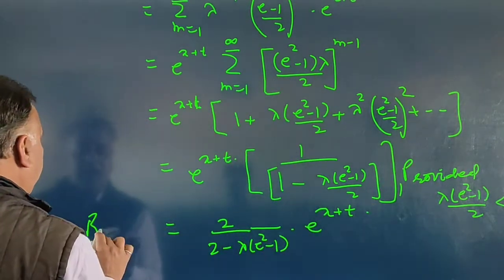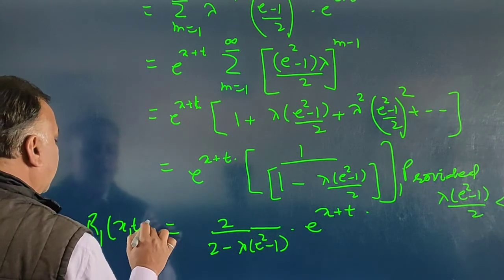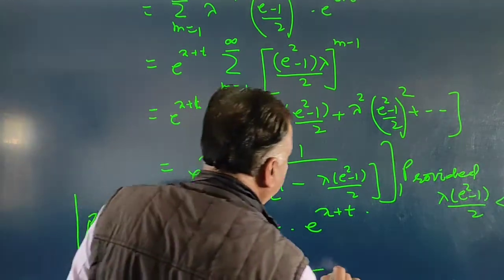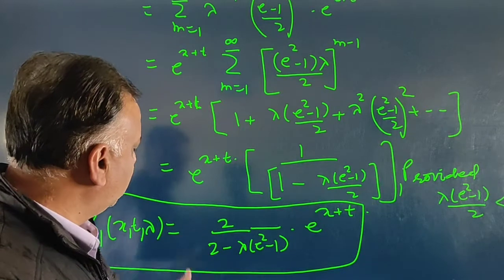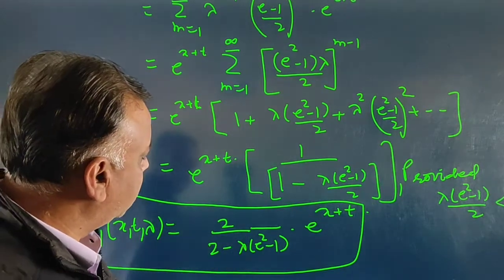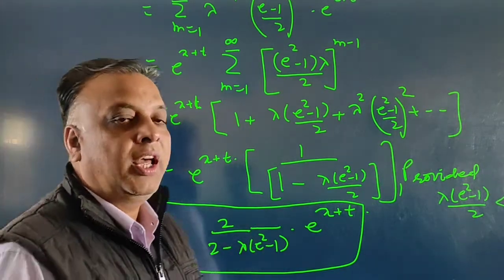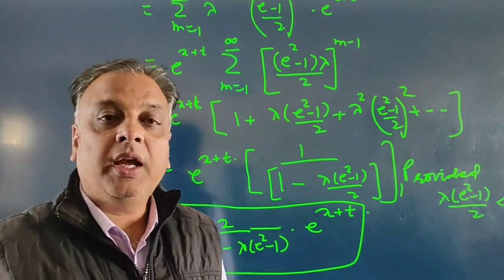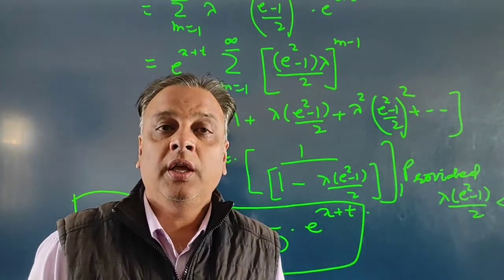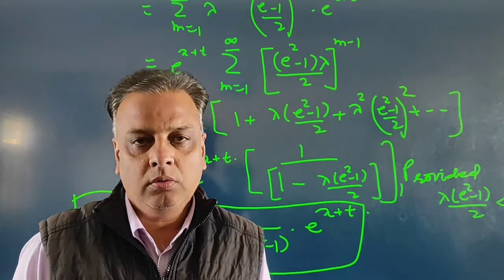This is R(x,t;lambda). So in this manner we can find the resolvent kernel R(x,t;lambda) equal to 2 upon (2 minus lambda (e squared minus 1)) into e raised to x plus t. So with the help of the given kernel we can find the resolvent kernel for the Fredholm integral equation. Thank you very much.